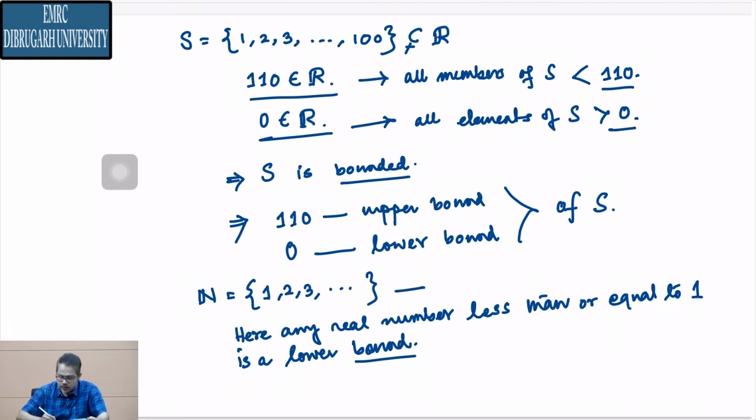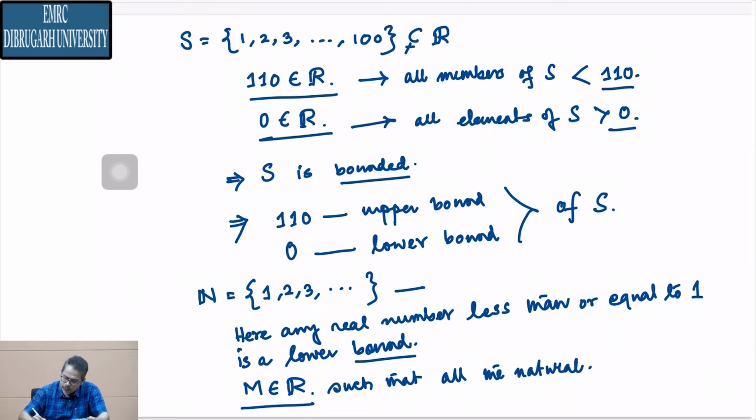Suppose you think that there is an m, a real number such that all the natural numbers are less than this m.